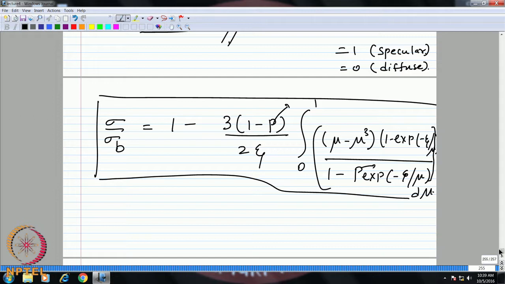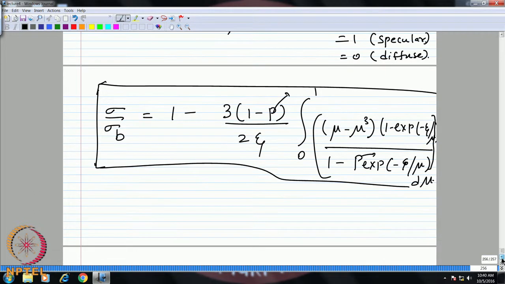You can also do parallel to the film and compare with this expression. Okay, you can give either diffuse or specular and you can verify whether you are getting similar to this analytical solution. But mainly the more challenging case is the transport perpendicular to the film. Okay. So, you will solve the Boltzmann transport equation, find the numerical solution, and I will only give you the analytical solution with which you can compare your results.